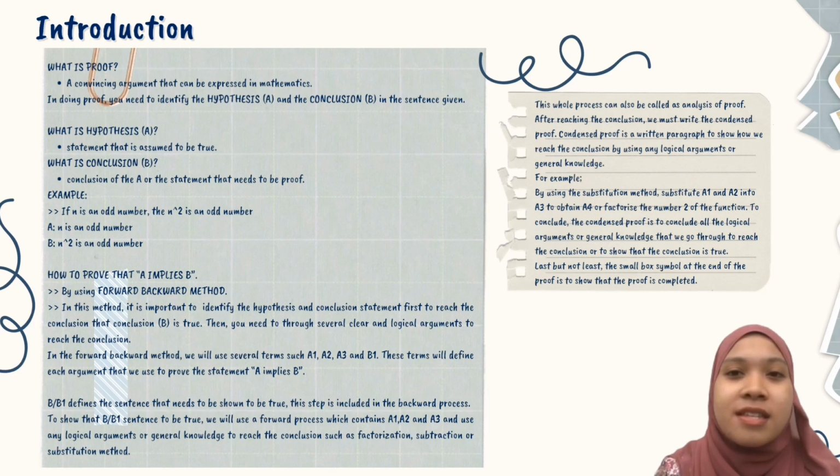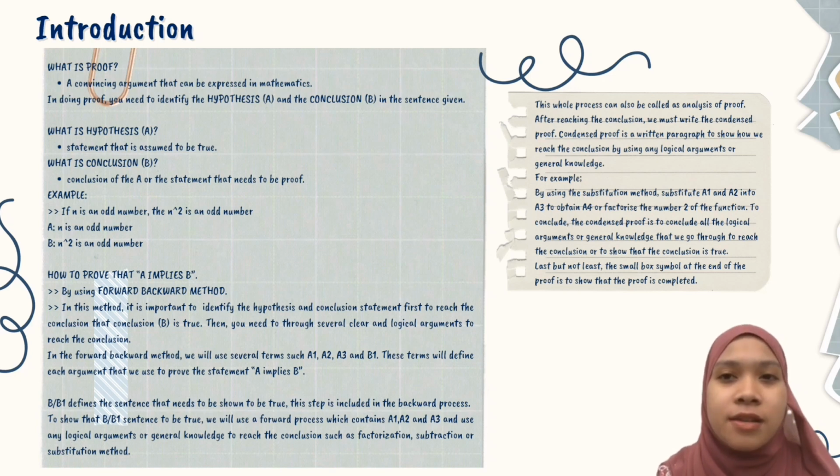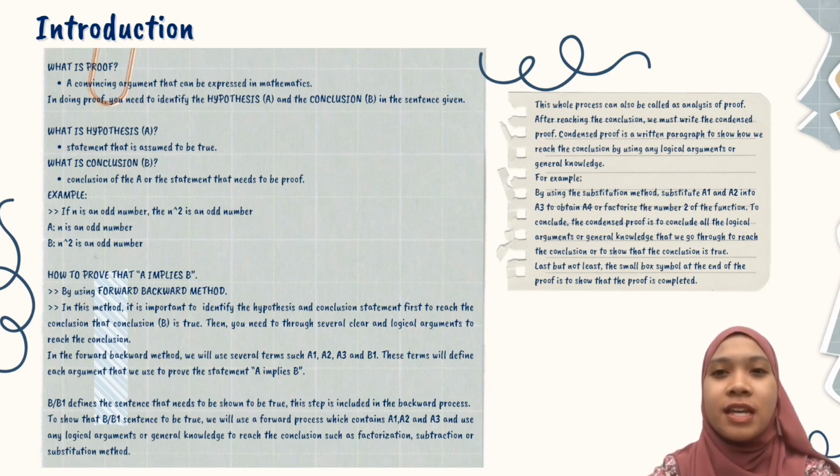Next is the example of the statement. If n is an odd number, then n power of 2 is an odd number. So the hypothesis is n is an odd number, while the conclusion is n power of 2 is an odd number.